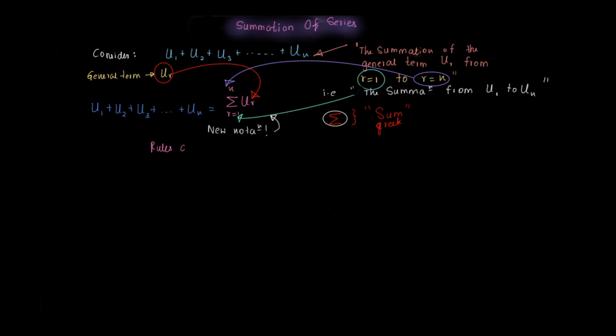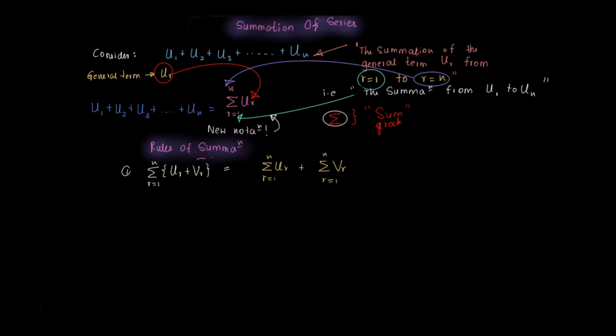So now let's take a look at some rules of summation that are very important when tackling questions. I think there are 4 or 5. Let's start with the first one. The first one is the summation of two general terms, sigma UR plus VR, R is equal to 1 to N. Basically you can split the summation as sigma UR from 1 to N plus sigma VR from 1 to N. That's the first rule, and that's kind of obvious.